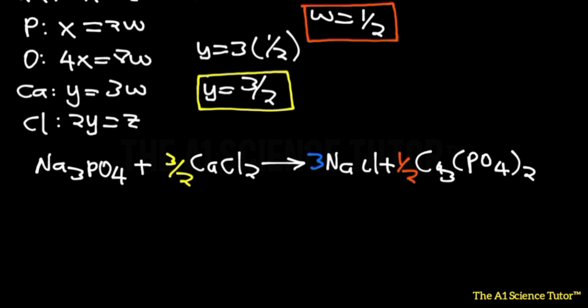So let's do that. First off, I'm going to multiply sodium phosphate with 2, and that will be 2 moles. So this is what we have. Here I'm going to have 2 multiplied by 3/2, and that would cancel the 2 away. So that leaves me with 3 moles of calcium chloride.